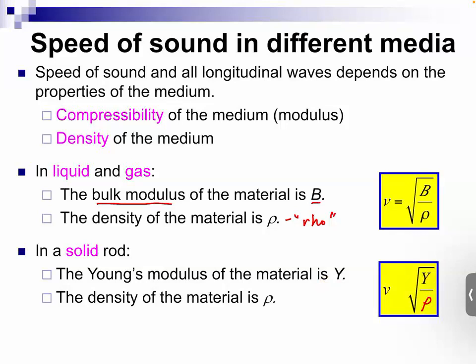Young's modulus is defined by the variable Y, and it also depends on the density of the solid, which is again rho. Okay. So these equations give you the speed of propagation depending on the properties of the medium through which the longitudinal wave propagates.